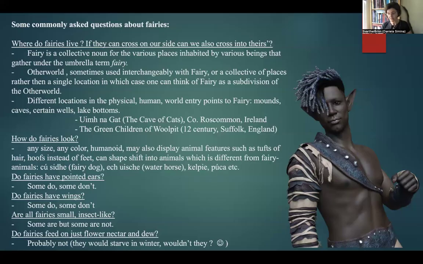It seems that the first time winged fairies appeared in a way that really got attention and gained traction was in Shakespeare's A Midsummer Night's Dream.